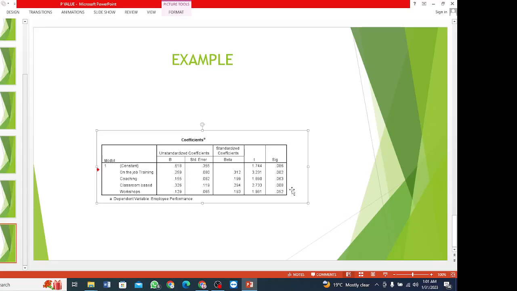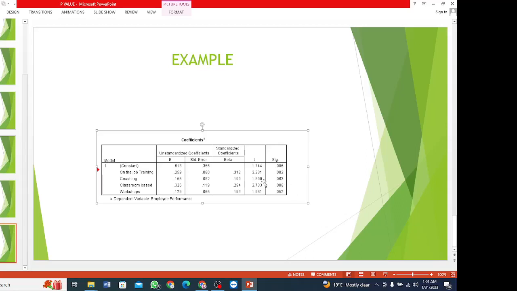So we will use the same pattern in explaining these values for classroom-based training and also for workshop, and you find that the p-value for classroom-based training is 0.008, which is less than 0.05.